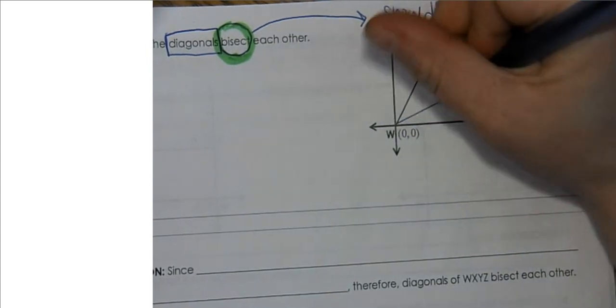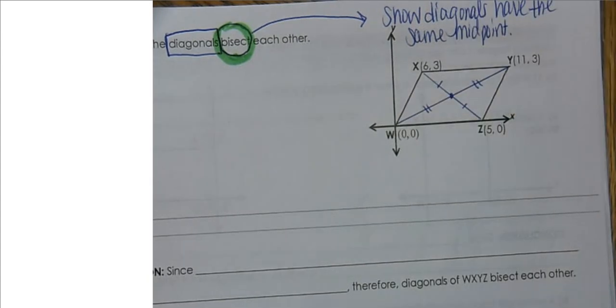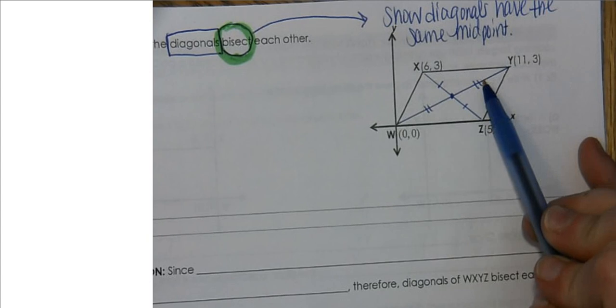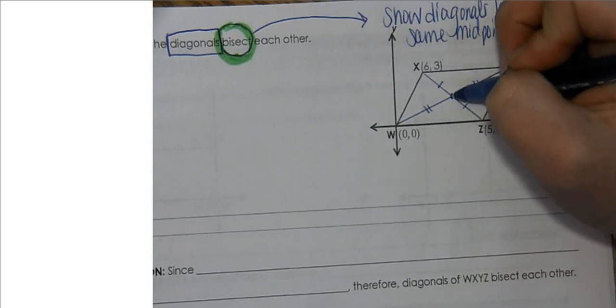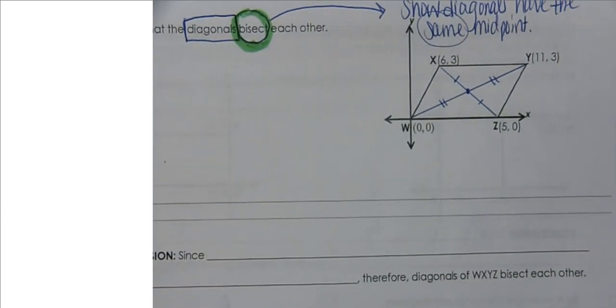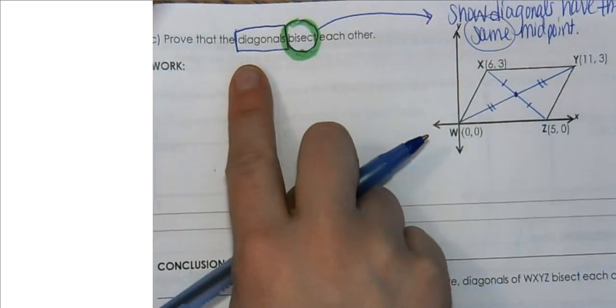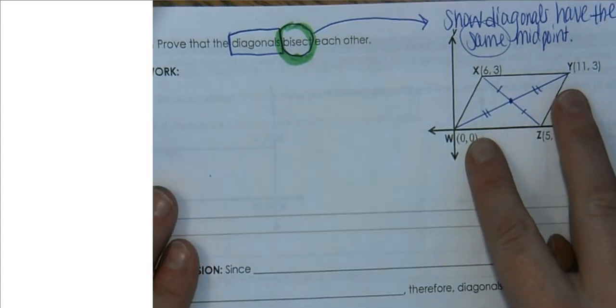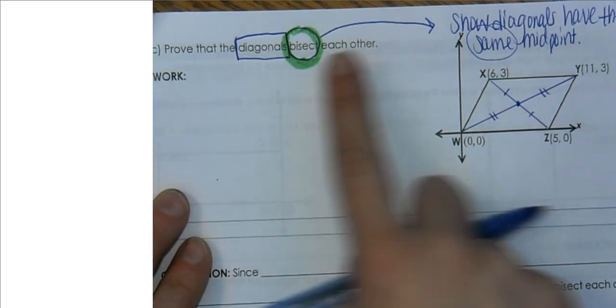Same thing with over here. If they bisect each other, that would indicate that these two segments would also be congruent, indicating that this point right here is the midpoint. Therefore, they would have the same midpoint. So whenever you see the word diagonals, you always have to draw those in. So we drew them in, and if they bisect, that means we're working with the midpoint formula.